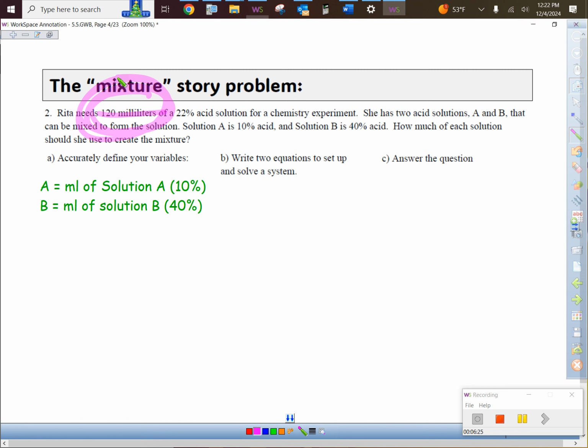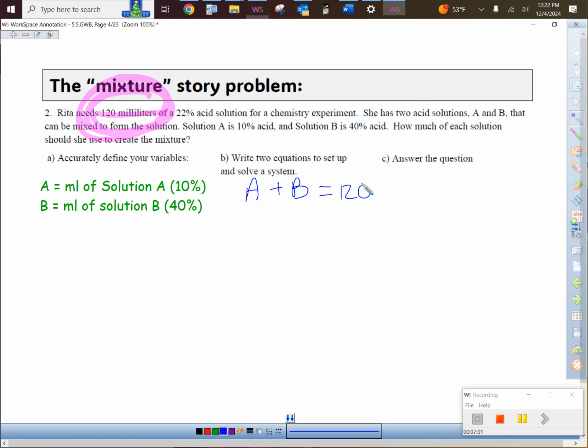B. Isn't that the only two things that they poured in? How many milliliters should it all add up to be? 120. So all the milliliters of solution A, which we called A, plus all the milliliters of solution B, which we called B, shouldn't that add up to be 120? And it follows the same suit as before. That's milliliters plus milliliters equals milliliters. Are we okay with that?